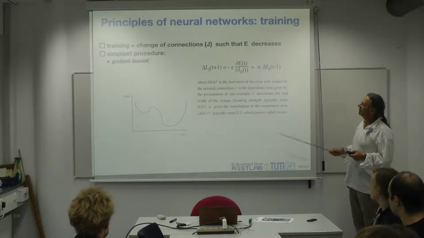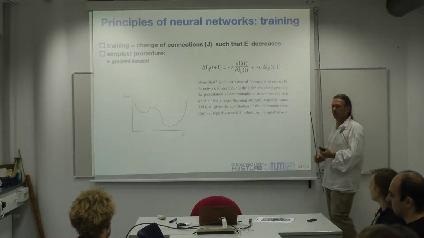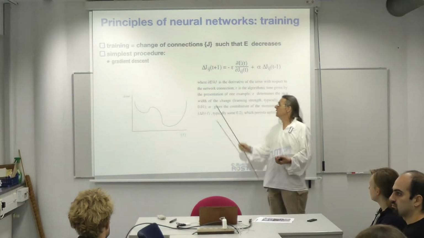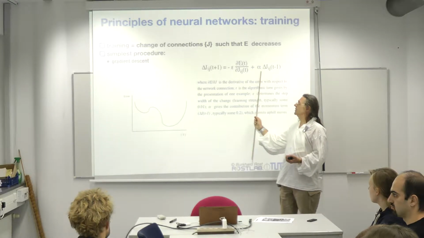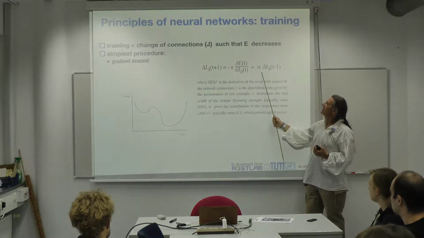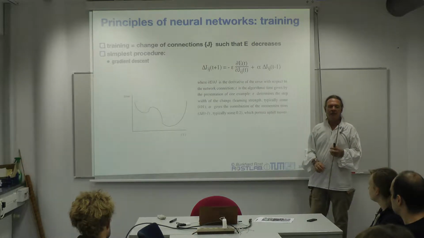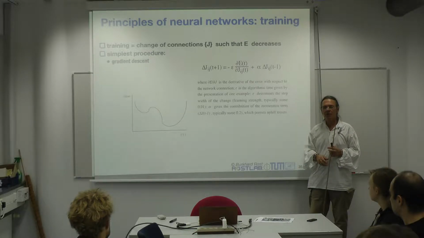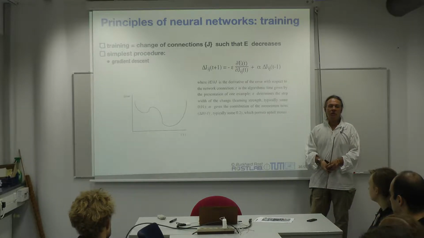And now the free parameters in the game, again, the real free parameters are the connections, the number of hidden units, the size of the epsilon, and the size of this alpha, right? Typically this alpha is larger than the epsilon, and typically, once you know how to solve your problem, you make the epsilon as small as you can.